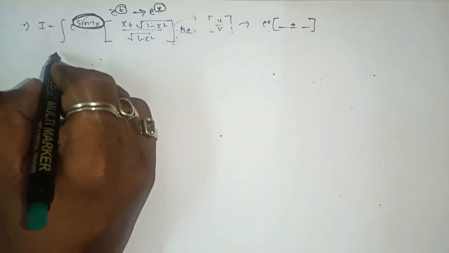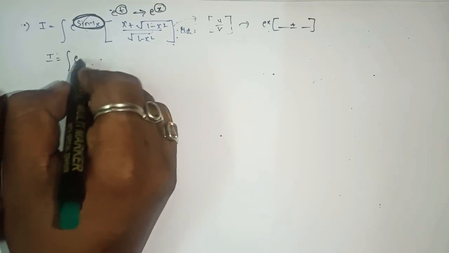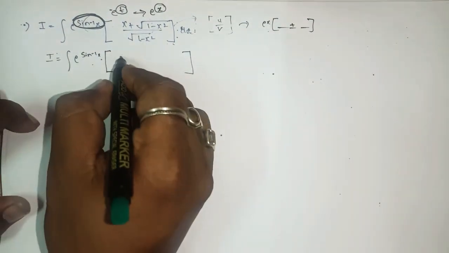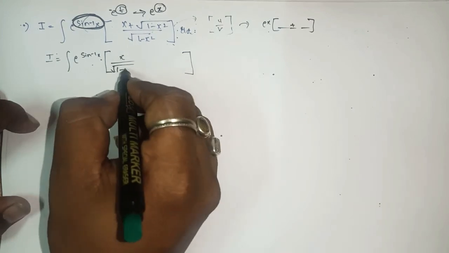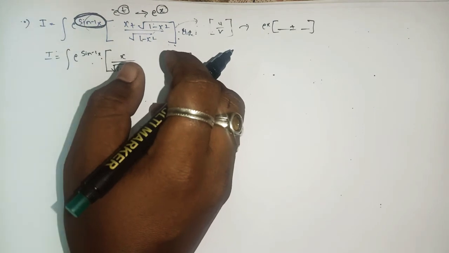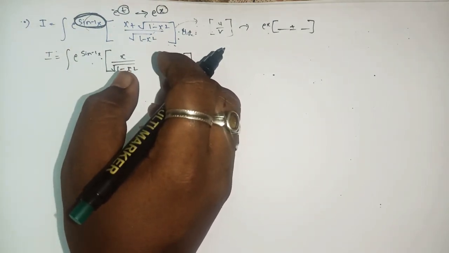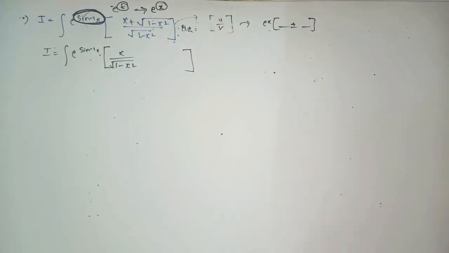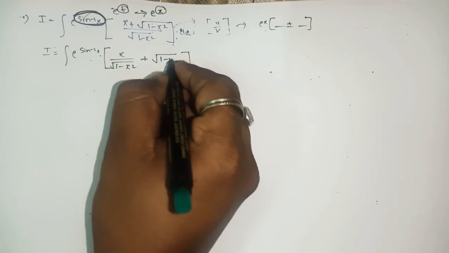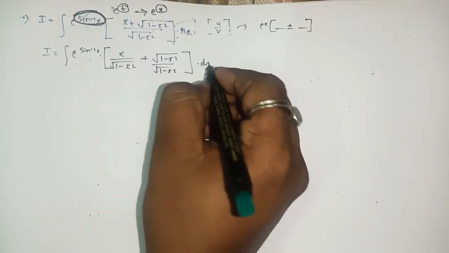So we'll see first. First we'll do this adjustment. We'll separate this denominator section, x upon root 1 minus x square, yes or no, x upon root 1 minus x square plus root 1 minus x square upon root 1 minus x square into dx.